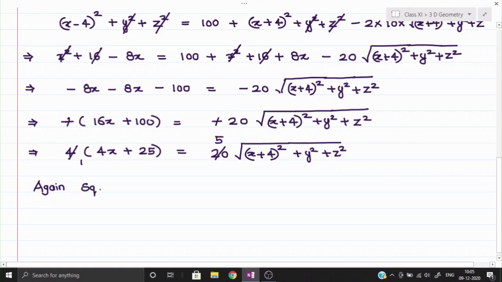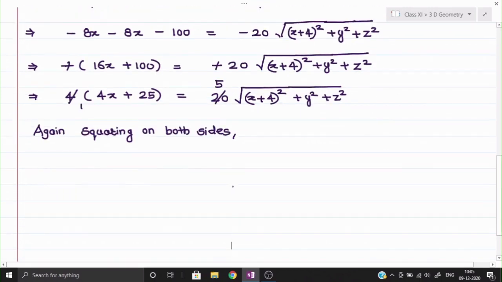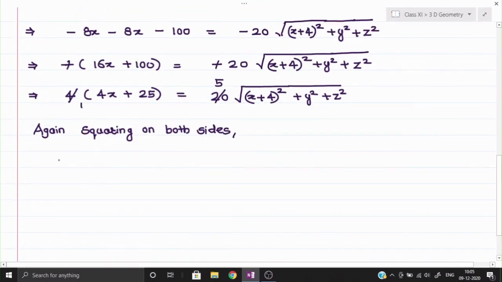squaring on both sides. Okay, so (4x plus 25). If I will square, after opening it, it will be in the form of (a plus b) the whole square. So first one is 16x square.